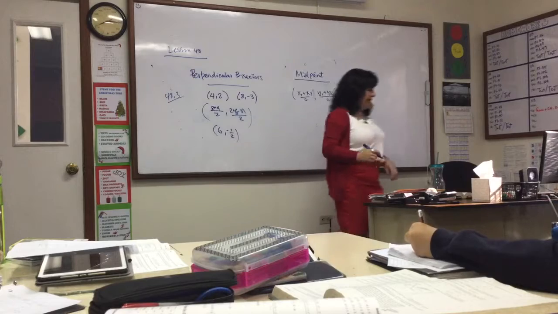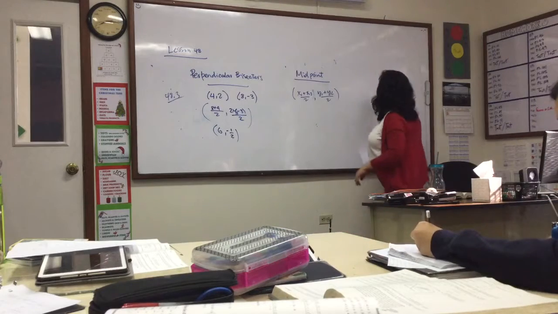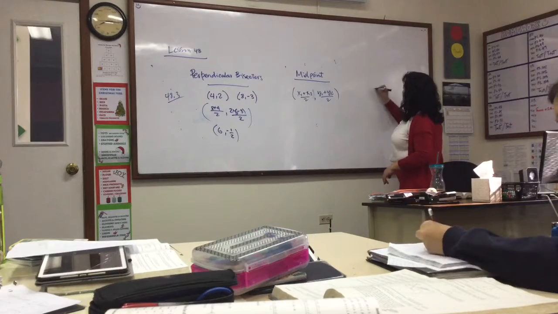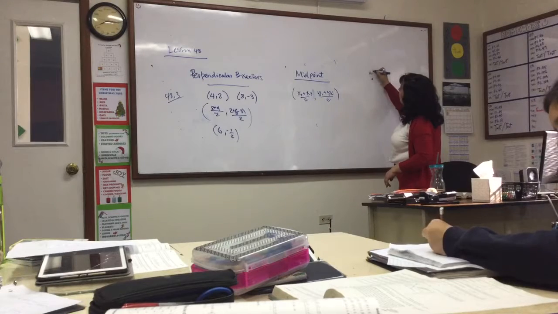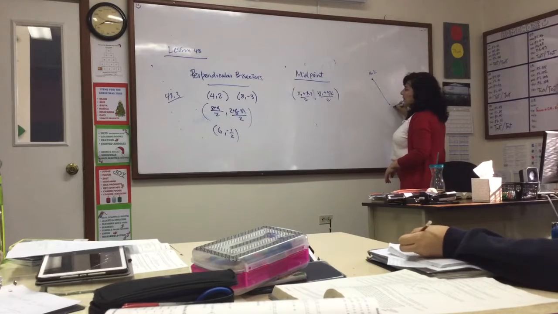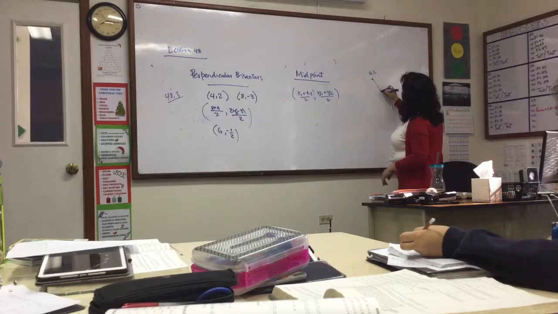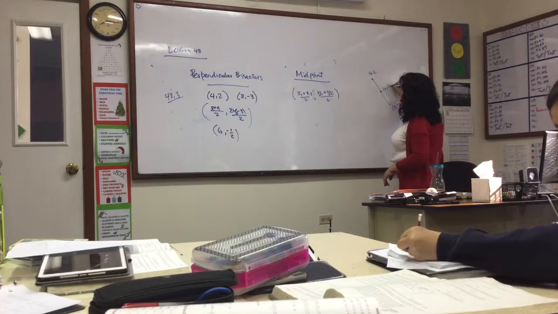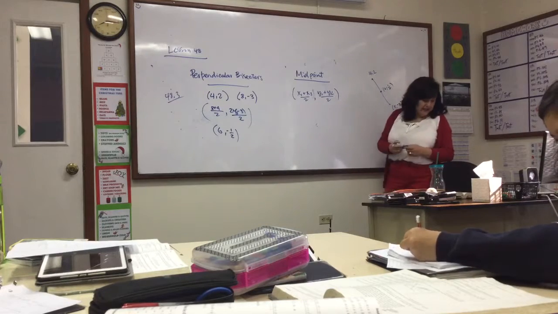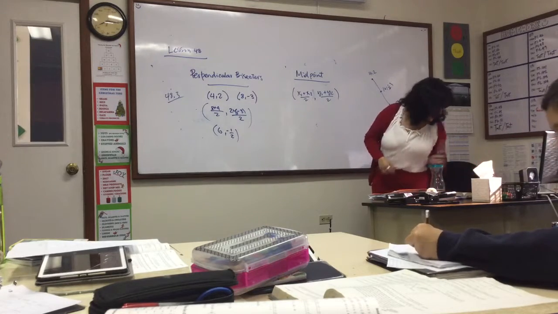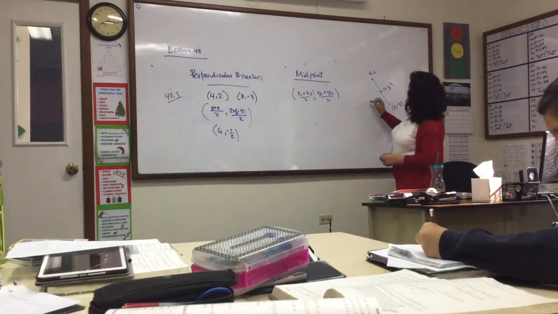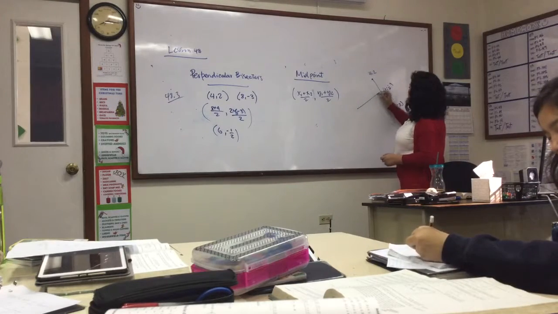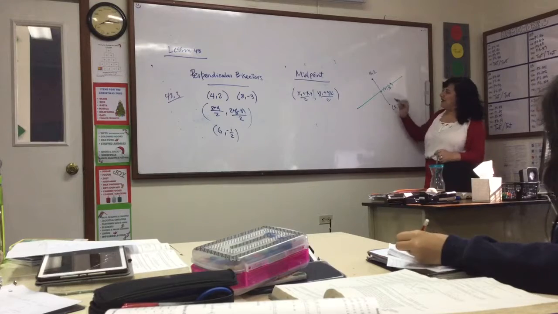So what do you have right now? You have a point here, (4, 2), and another point here, (8, -3). And now you know the midpoint, and it is (6, -1/2). And you're trying to find the equation of the perpendicular bisector.